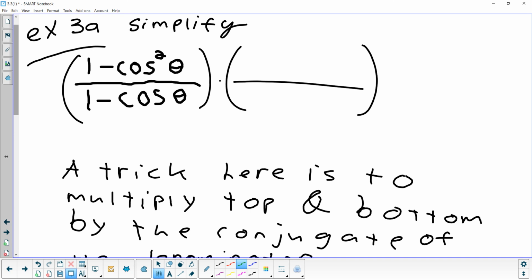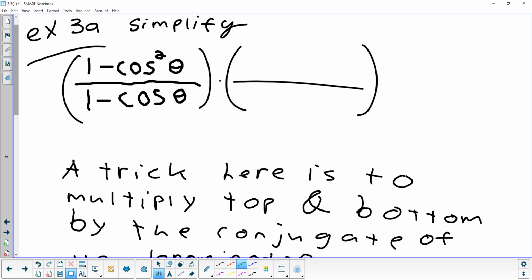Okay, the bottom is 1 minus cosine theta. What do you think the conjugate of the bottom is? So we want to leave everything as sine and cosine, so we don't want to change it from cosine.